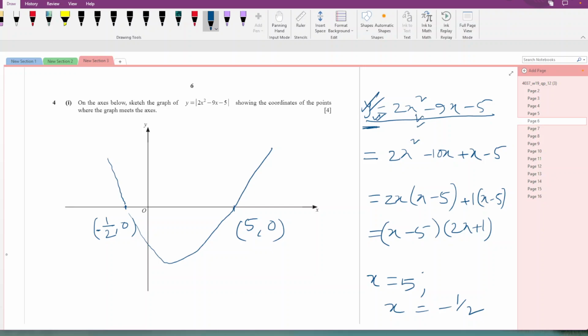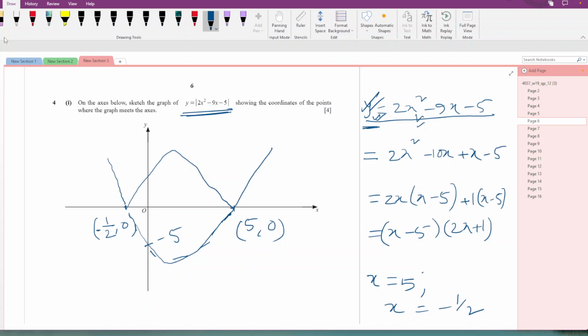But here we have to sketch the modulus. Here is minus 5, and since it is modulus of 2x squared minus 9x minus 5, this negative part has to be reflected in the x-axis, and it gives this.